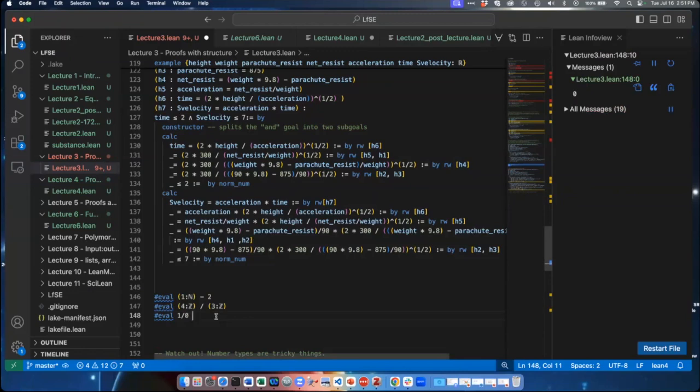If you remember from real numbers, if I go closer and closer to 0 from the right-hand side, I go up to infinity. If I go closer and closer to 0 from the left-hand side, I go down to negative infinity. It's undefined. If I tried this in Python, I'm going to get not a number. Lean doesn't stop me. I can just go on. I get a 0 here.